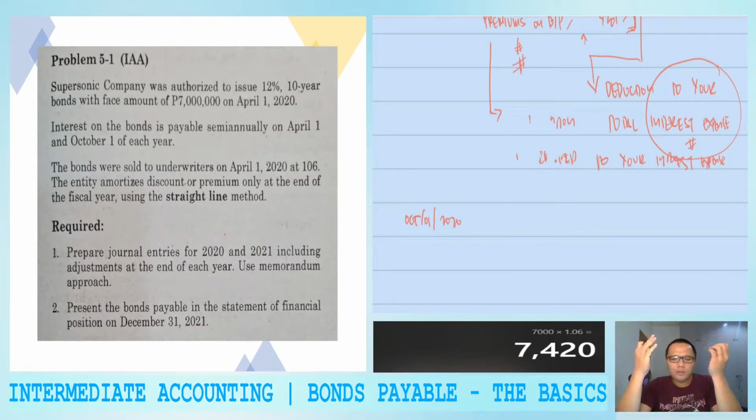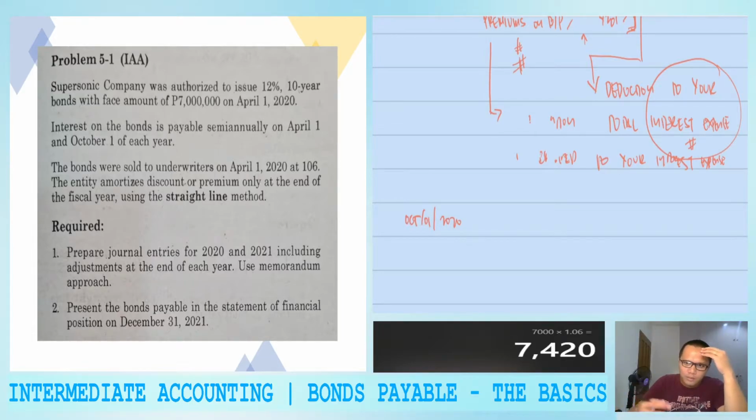So that means the period would be April 1 to 30, May 1 to 31, then June, July, August, and September. So that is 6 months.